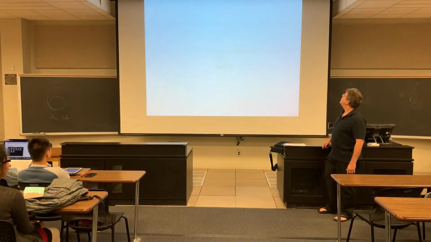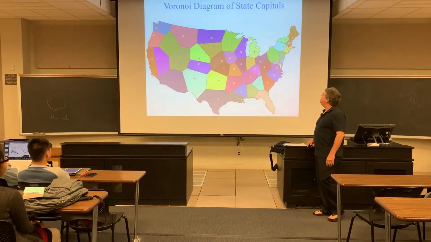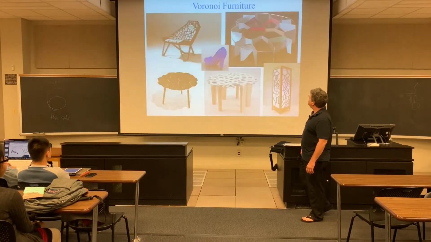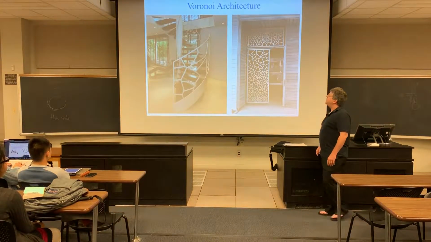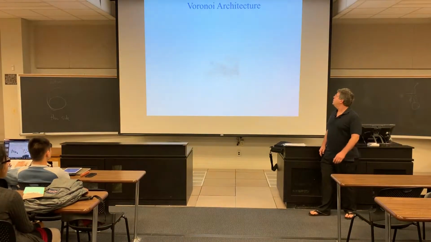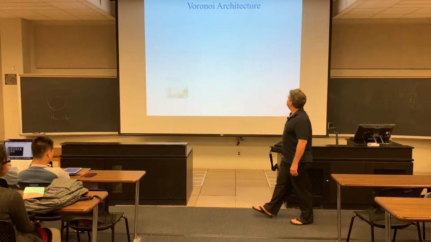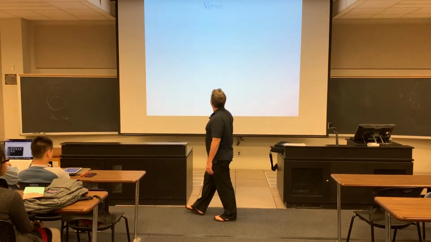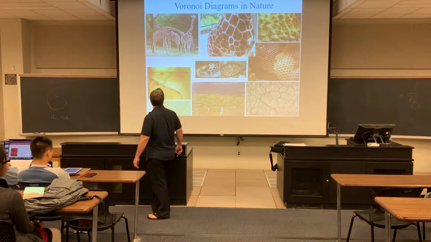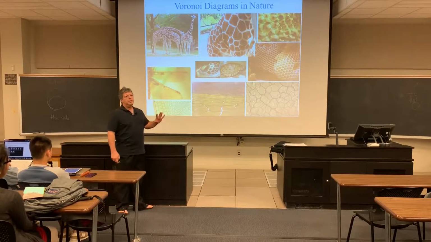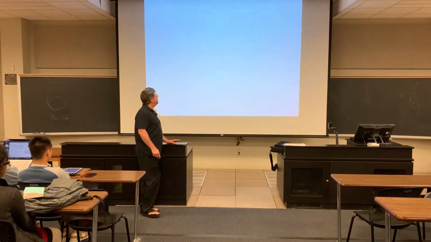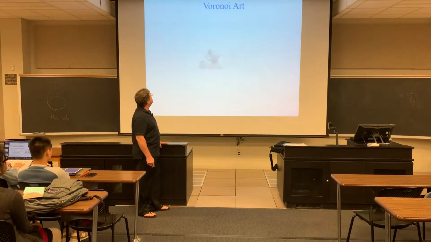There are entire conferences on this subject, and a lot of art and architecture incorporates Voronoi diagram motifs. It's very ubiquitous. Even nature has Voronoi diagram structures, and for good reasons. You can read more about it, for extra credit, why that happens.